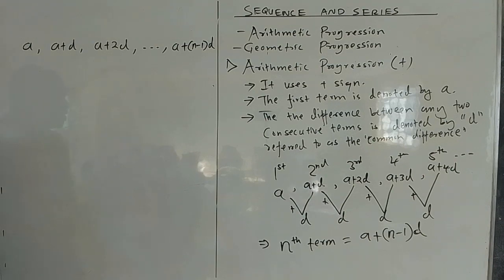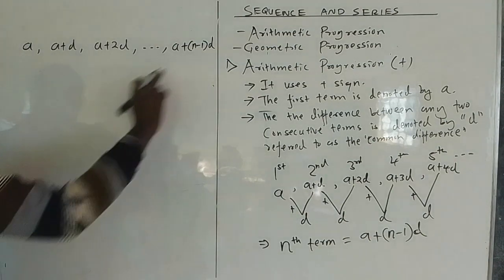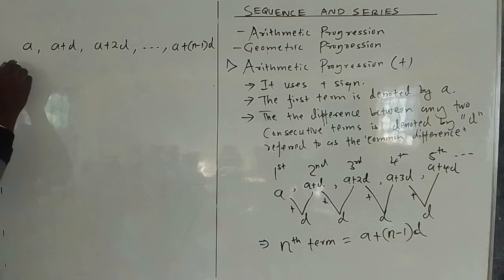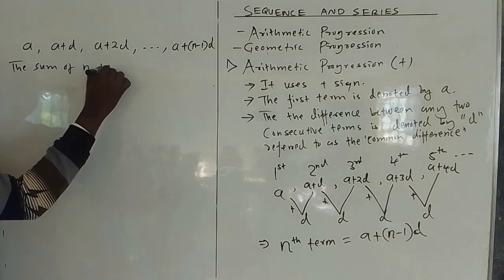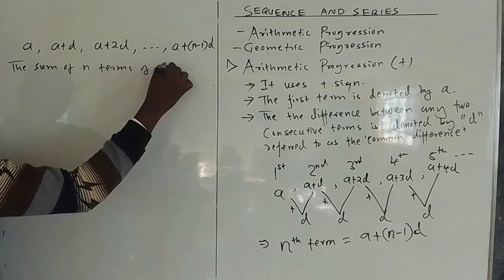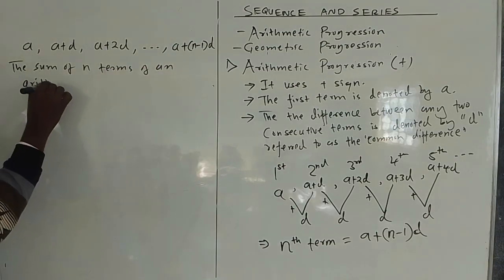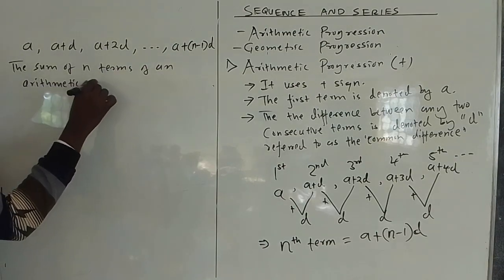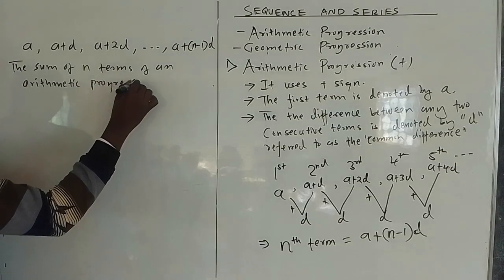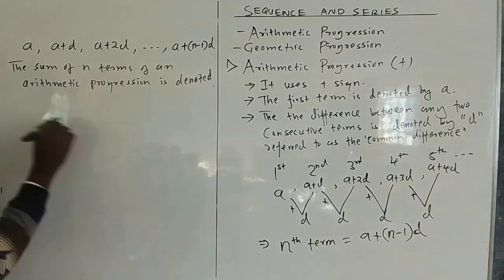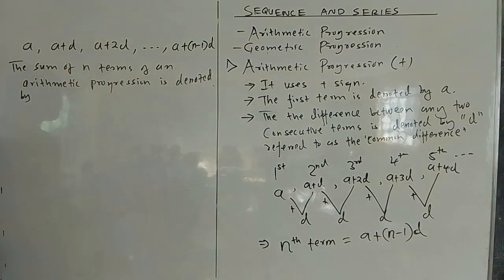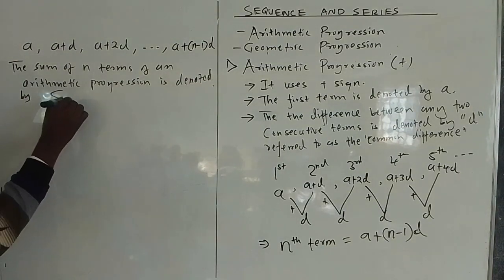Are we together? So when I want to sum all these terms, what am I going to do? I'm going to denote the sum of n terms of an arithmetic progression by S subscript n.